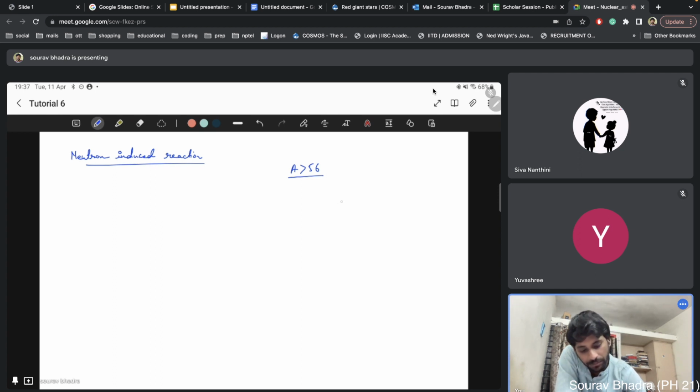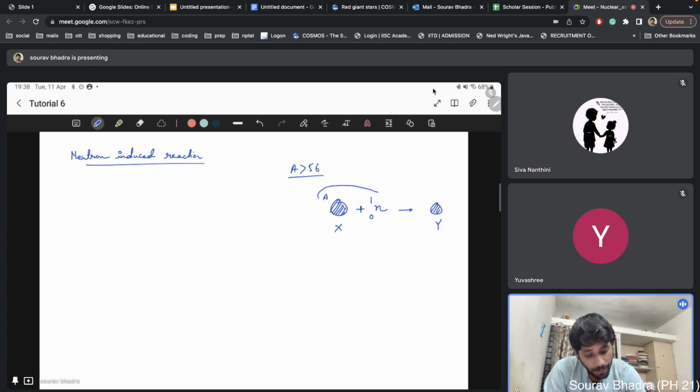So what happens, suppose there is a nucleus, it will interact with a neutron, and as you can see the neutron is 0 and 1, that means charge is 0 and its mass number is 1. So if it captures the neutron, suppose a nucleus of type X with mass number A is going through the neutron induced reaction.